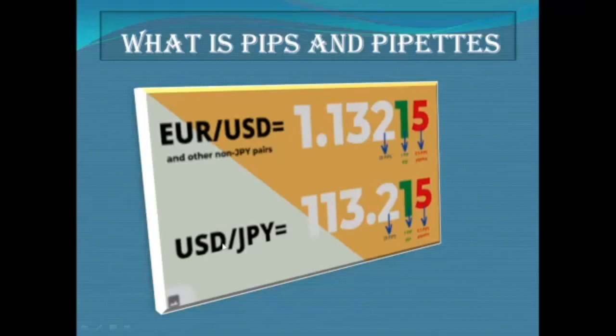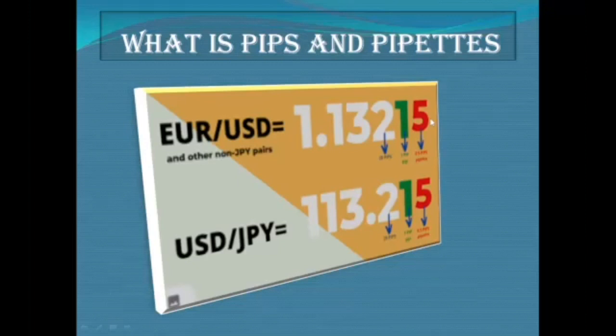I will explain this again. A pip is the last decimal place of a quotation, given that 4 decimal places are used for pairs without Japanese yen. But any pair that has the Japanese yen on it, you calculate to the last number in order to get the accurate figure.